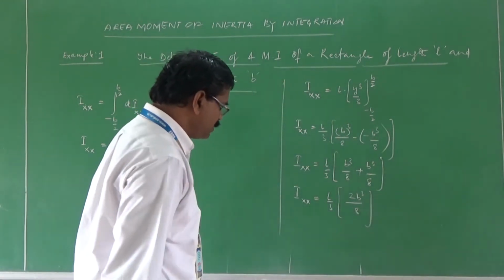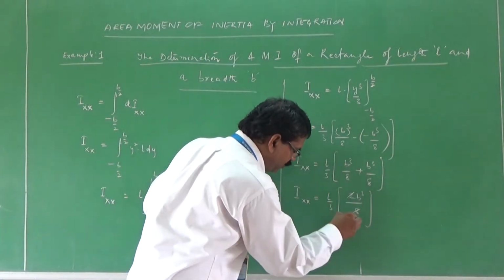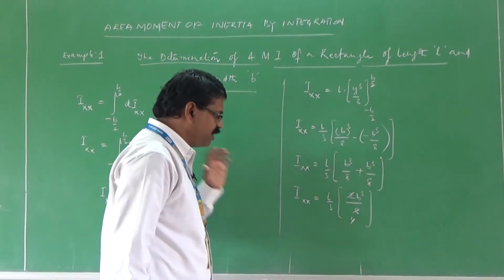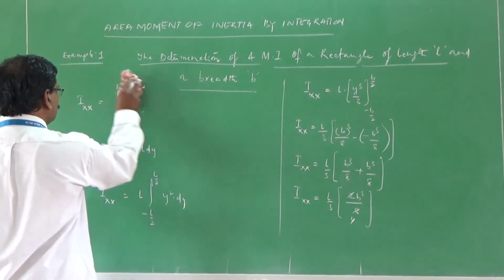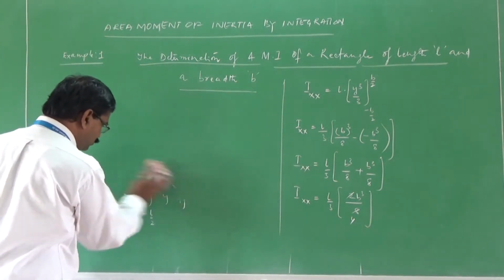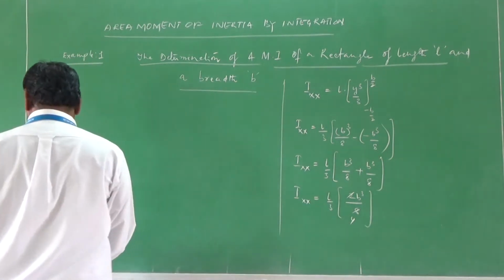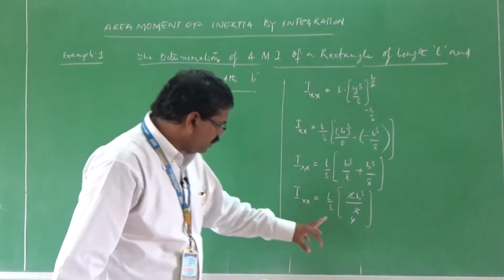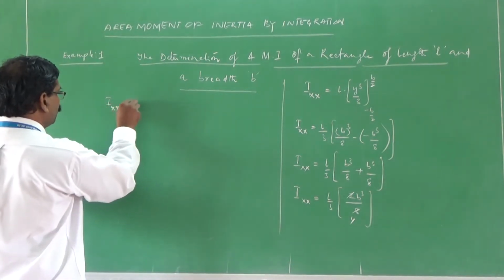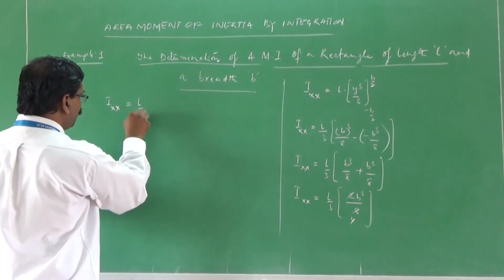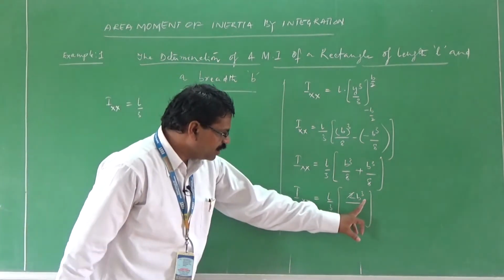Now, after simplifying, as 2 cancels 4 times in 8, the remaining term is Ixx is equal to L by 3 into b cube by 4.